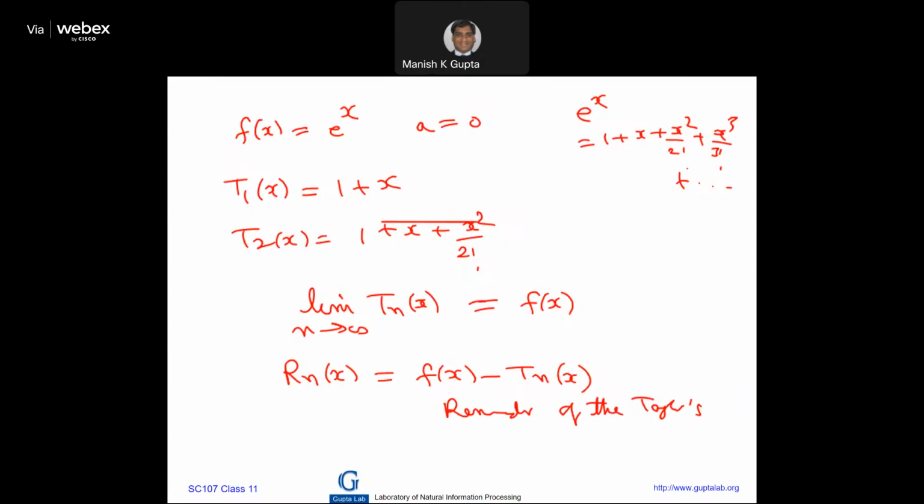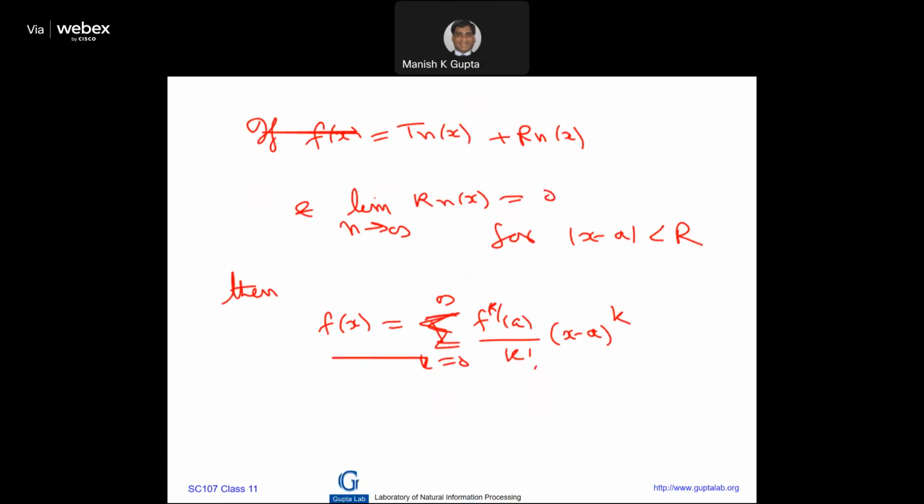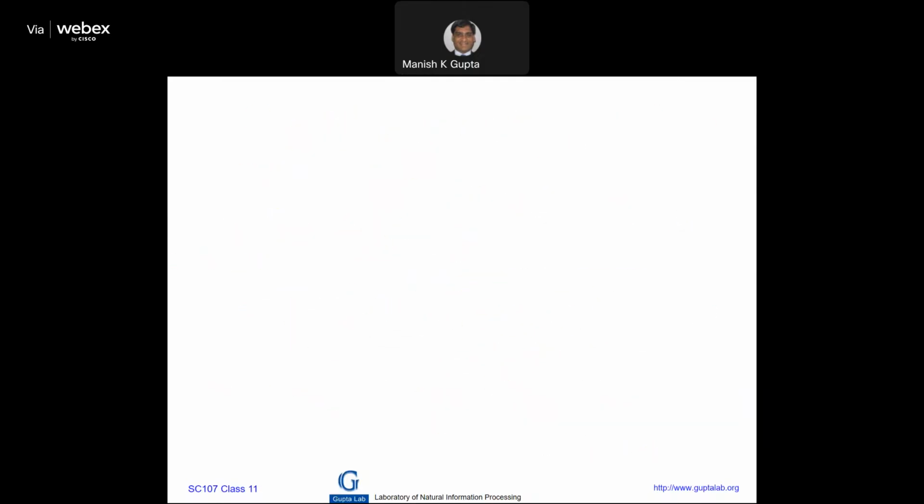So now, there are different forms of remainders. People are very clever actually, these math people. So I am not going to tell you all remainder forms, but Rn(x) has different forms here. Number one is Cauchy. Integral form.